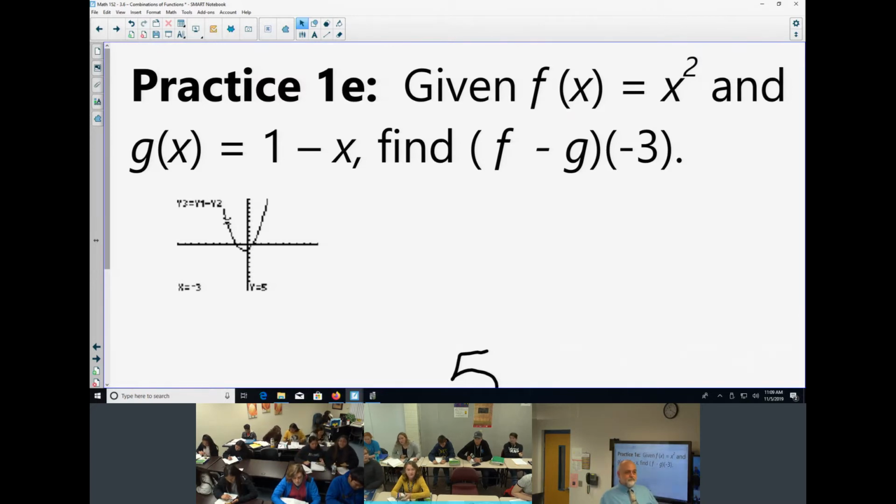Okay, I have it. Okay, so when you press trace, make sure that you're tracing on the y3. Then type in -3 for x, and then press enter.